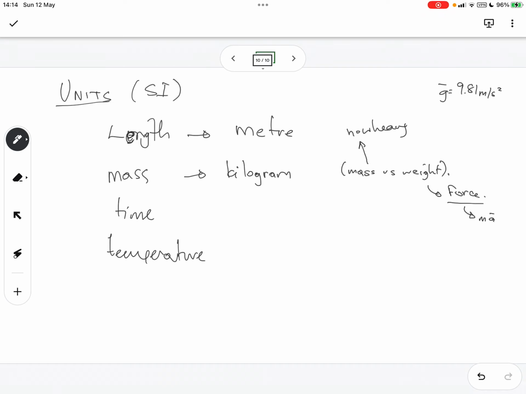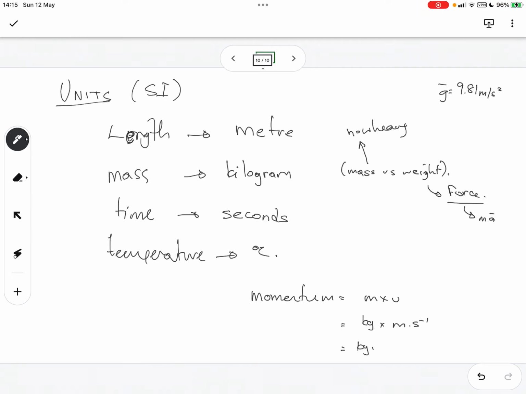Combinations of SI units. From these units, we can get other units. For example, if we calculate momentum, momentum is mass times velocity, which is kilograms times meters per second.